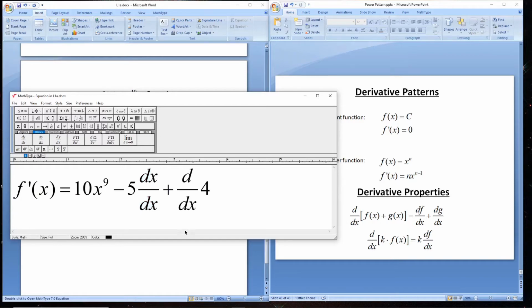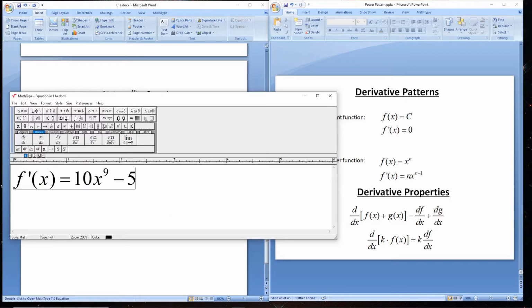That's always something we can do with this notation. And you can see dx divided by dx is 1. So there's a nice consistency here. The derivative of x is 1. And the derivative of a constant is always 0. And that's our answer.